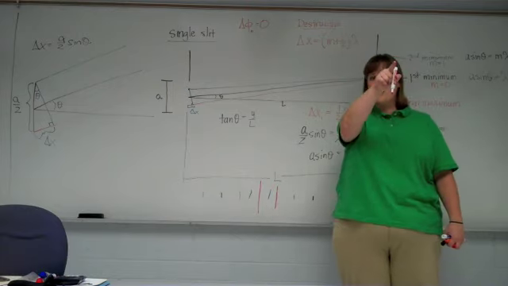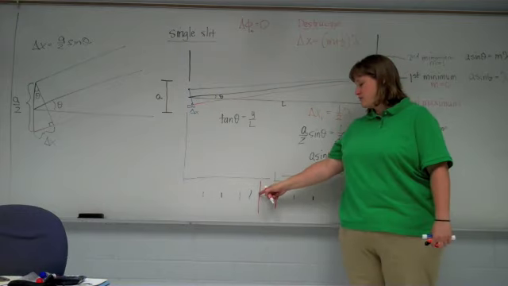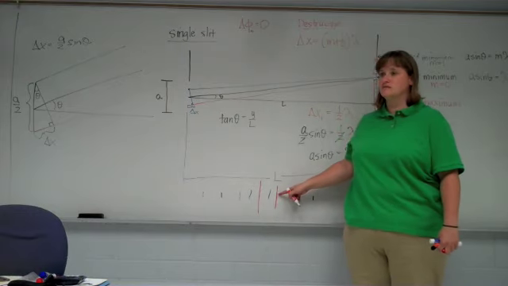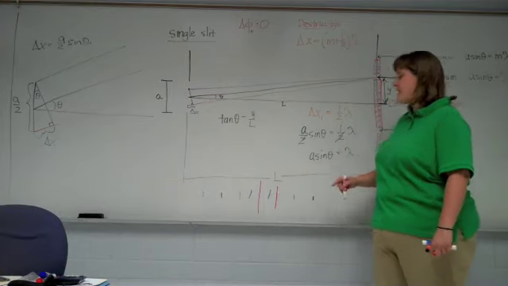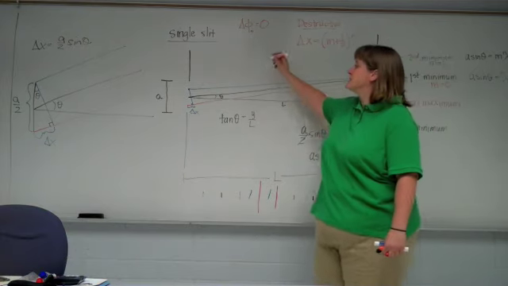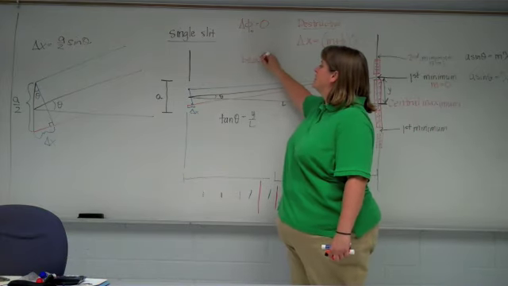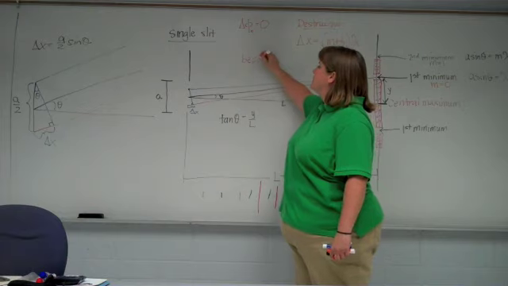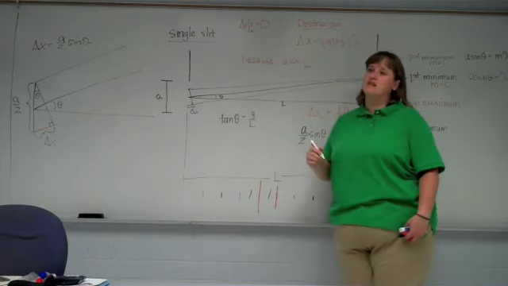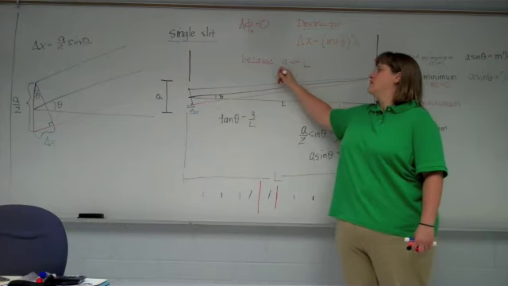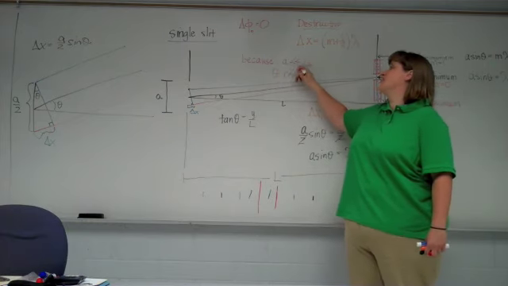So 2 lines all the way starting back there, one of them pointing here, one of them pointing here. Will the angle between those 2 lines be very big? No. Theta, because A is so much smaller than L. Theta is really, really small.